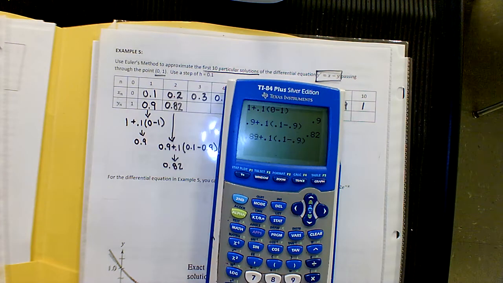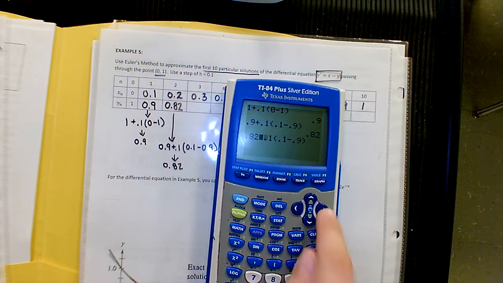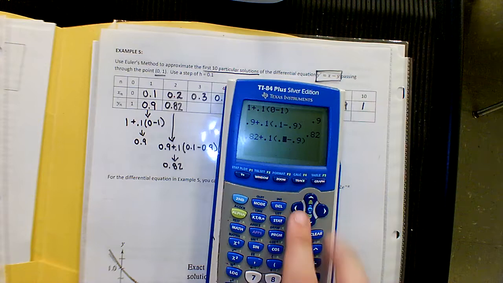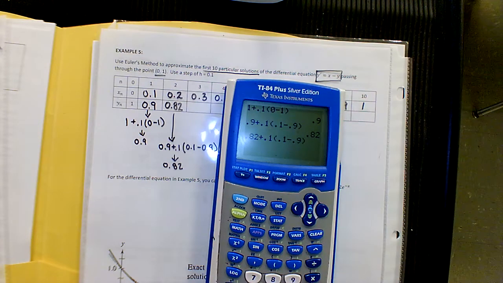So I'll hit that insert and do 2. Make sure you delete the 9 though, because we don't need that anymore. And then I have to change the 0.1 and the 0.9 to a 0.2 minus a 0.82. So there's our next one.